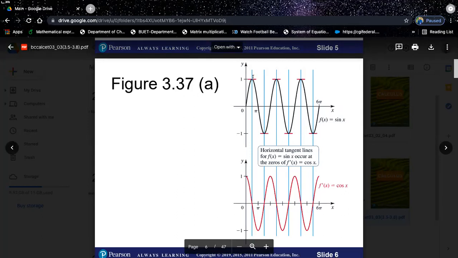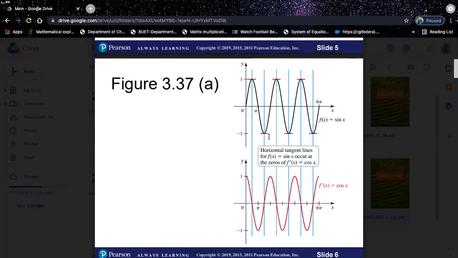Okay, now what does it give us? If you find the zeros of cosine x, I mean, if you set cosine x to 0 and solve it for x, you'll see these points are nothing but the zeros of cosine x.